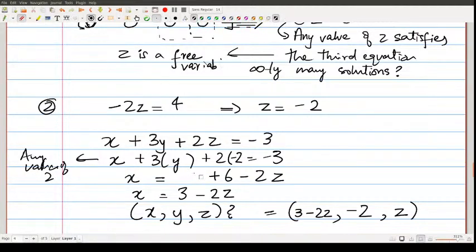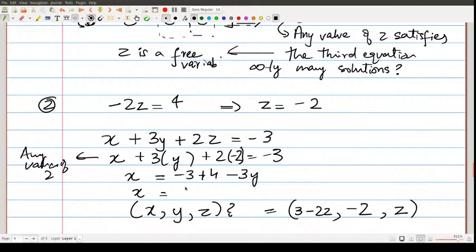So this changes my system. x is equal to minus 3, this minus 4 becomes plus 4, and minus 3y. So x is actually 4 minus 3, which is 1, so 1 minus 3y.